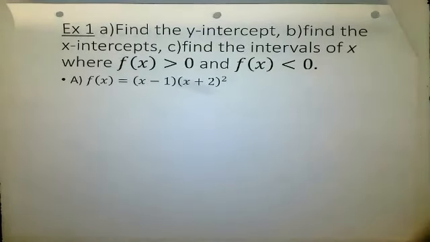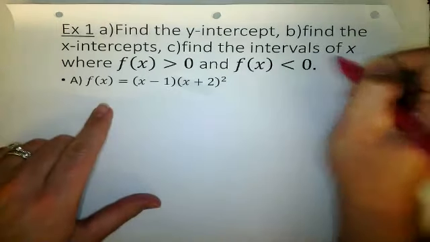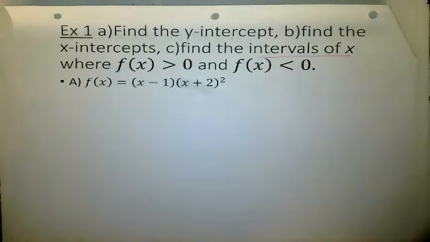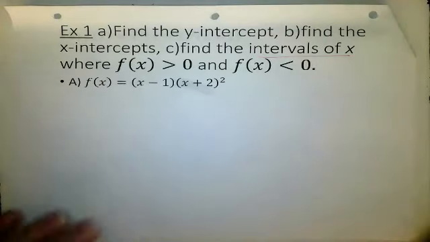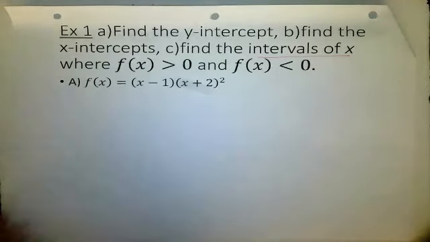Example 1, part A, find the y-intercept. Part B, find the x-intercepts. C, find the intervals of x where f of x is greater than 0 and where f of x is less than 0. So lots of answers here. Again, your book tells you not to sketch the graphs, but I don't really care how you do it, so I'll show you a couple of different ways.